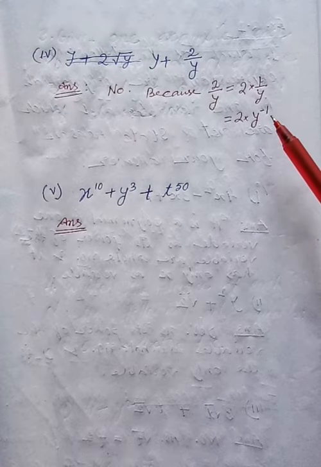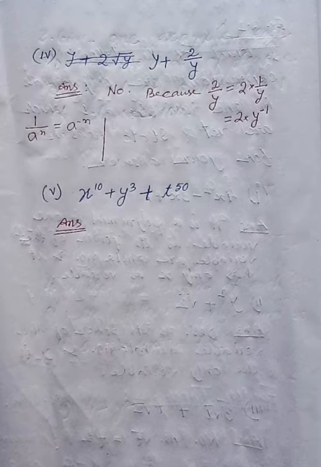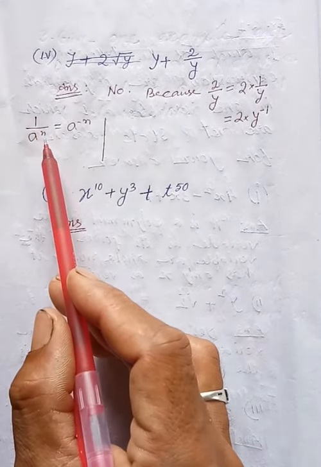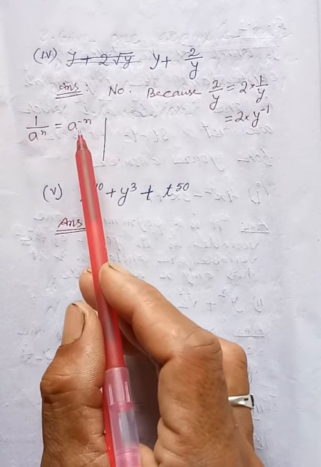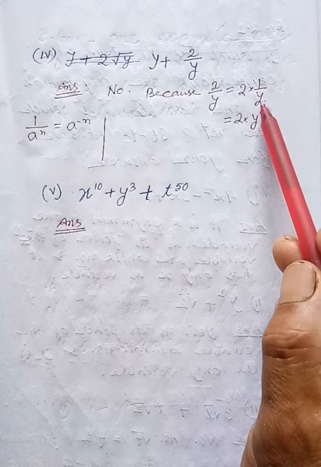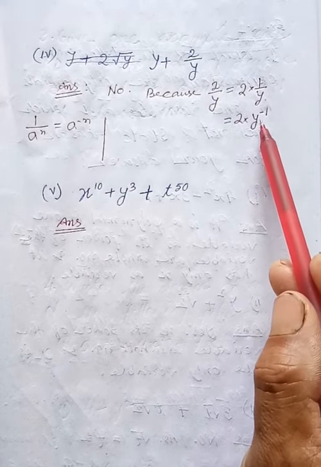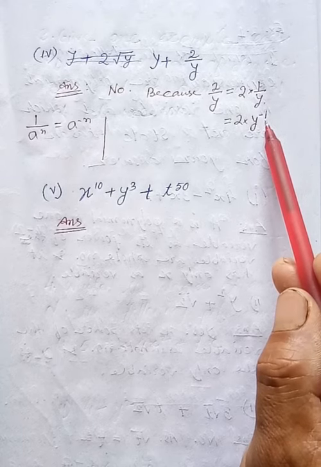I'll remind you of a law of exponent: 1 by a to the power n is equal to a to the power minus n. This law is applied here: 1 by y to the power 1 is equal to y to the power minus 1.